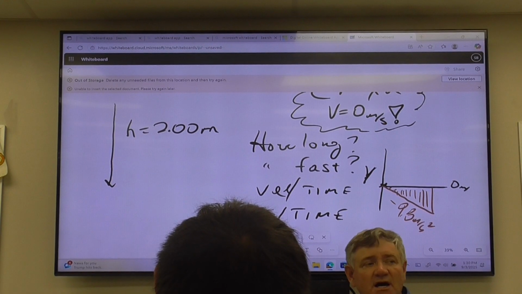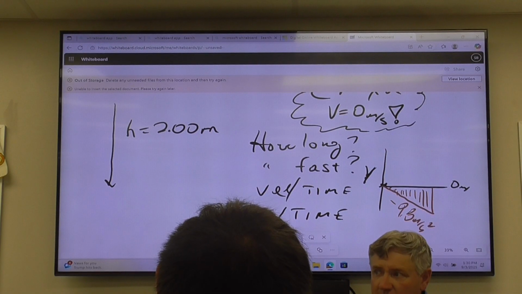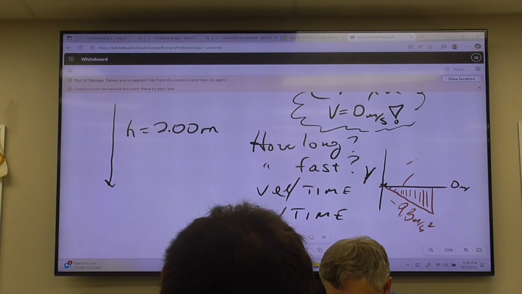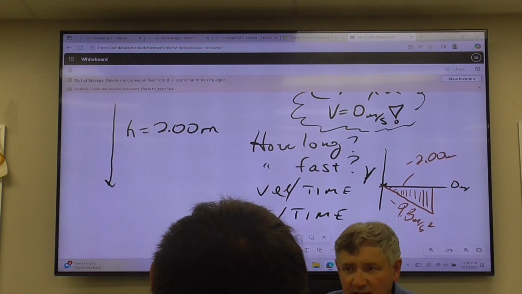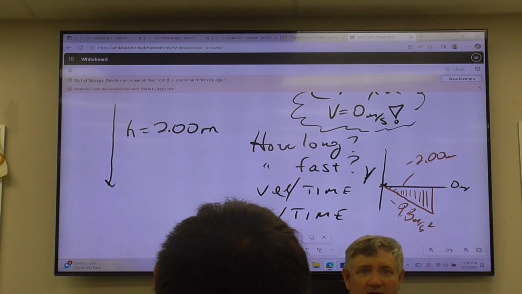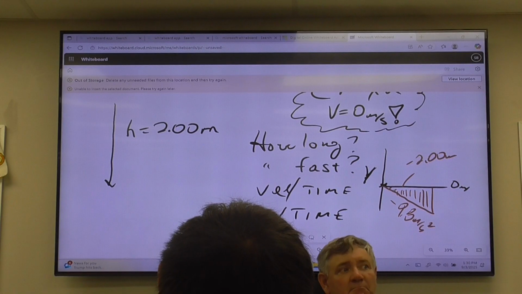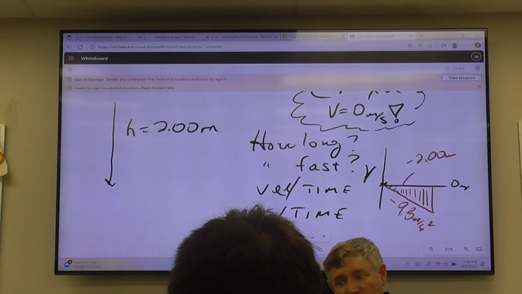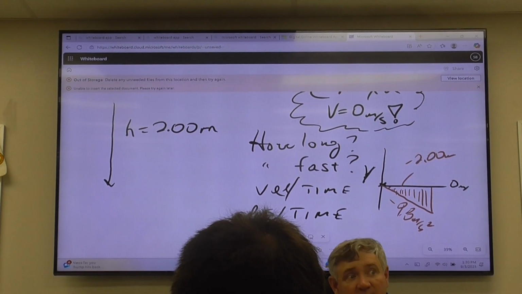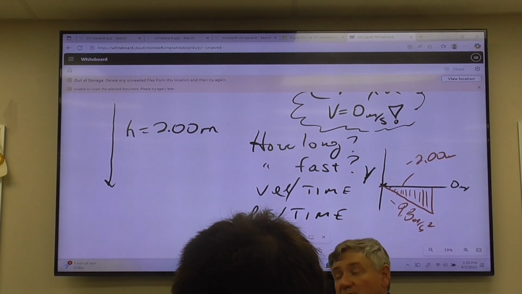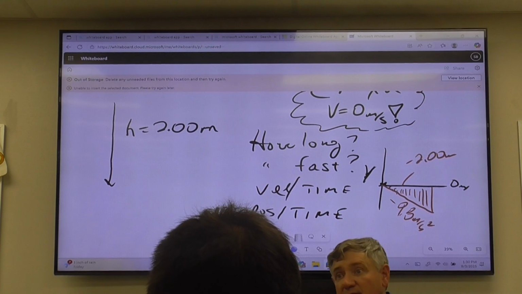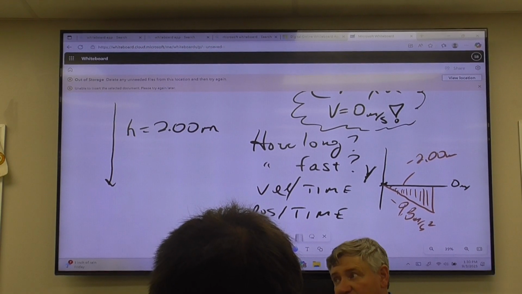So what would the sign of my displacement be? Negative. So this area has to be negative 2 meters. No matter how I set things up, my area has to be negative 2 meters, because that's the slope of my line. Down is being defined as negative. My slope is negative 9.8 meters per second squared. My area then has to be a negative value.